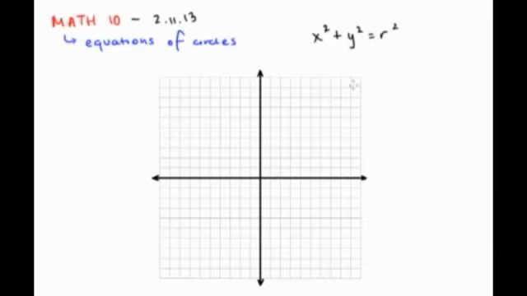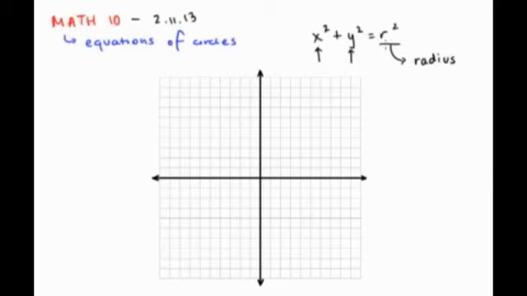Now, what is this? The x is centered at the origin, y is centered at the origin, and then the r squared here is what's important. This is the radius. R is the radius.